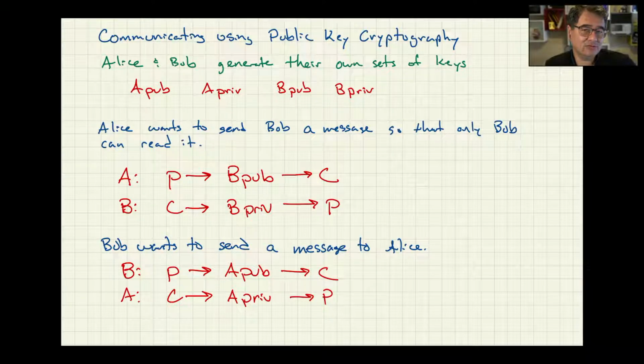But the usefulness of that is to ensure that the message came from the person who is sending it, because that's the only person who could have encrypted it. So again, we'll go over that scenario here in a few minutes.